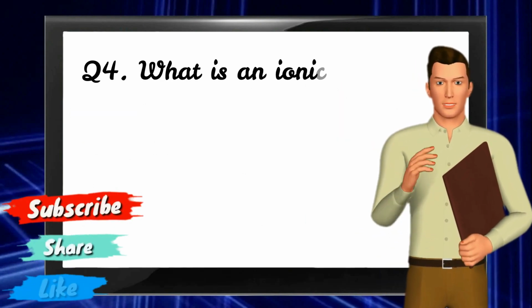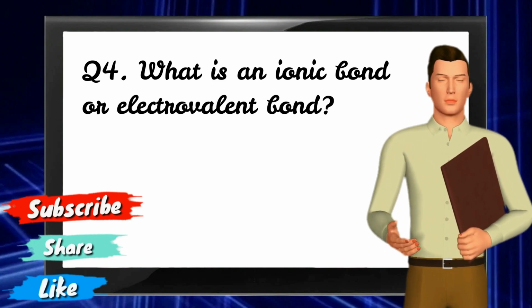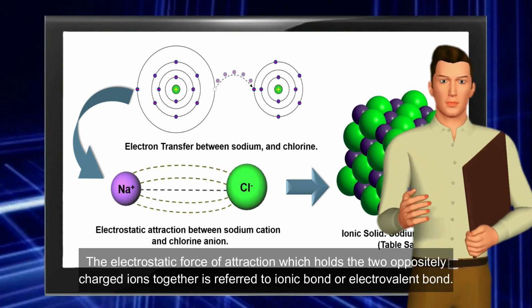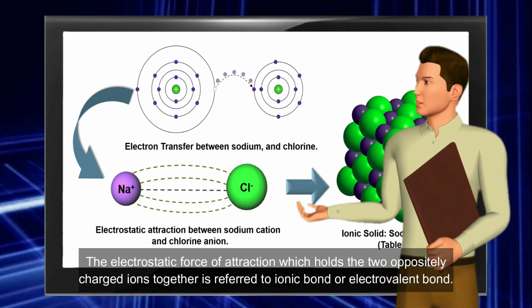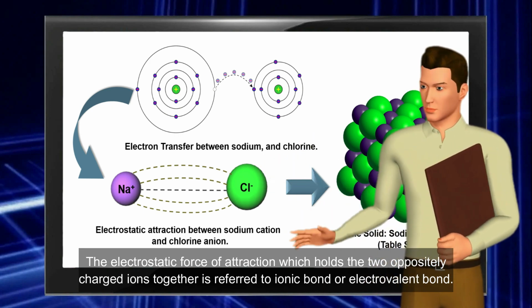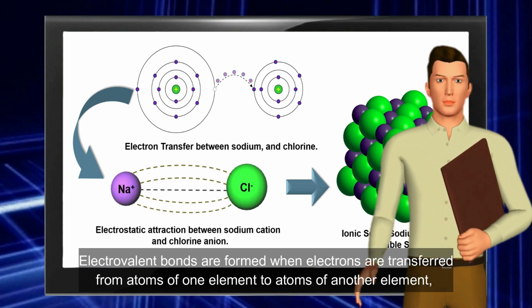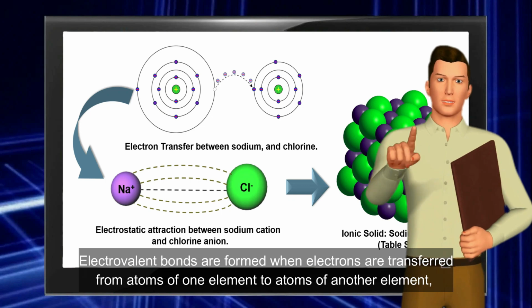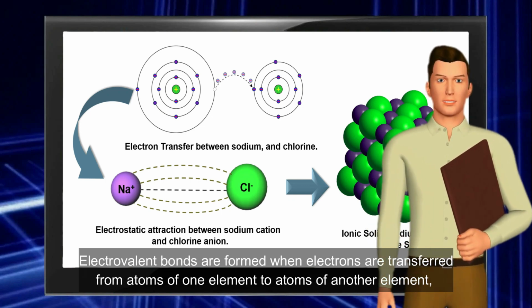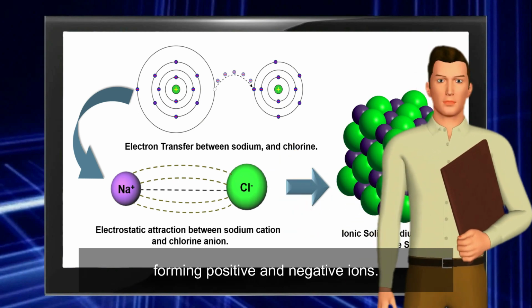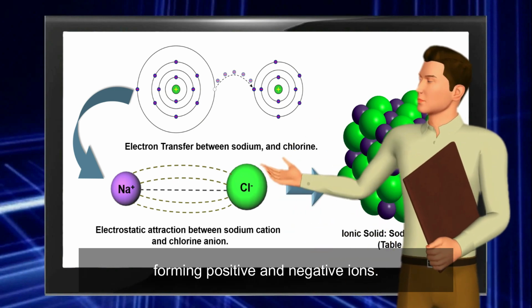What is an ionic bond or electrovalent bond? The electrostatic force of attraction which holds the 2 oppositely charged ions together is referred to as an ionic bond or electrovalent bond. Electrovalent bonds are formed when electrons are transferred from atoms of one element to atoms of another element, forming positive and negative ions.